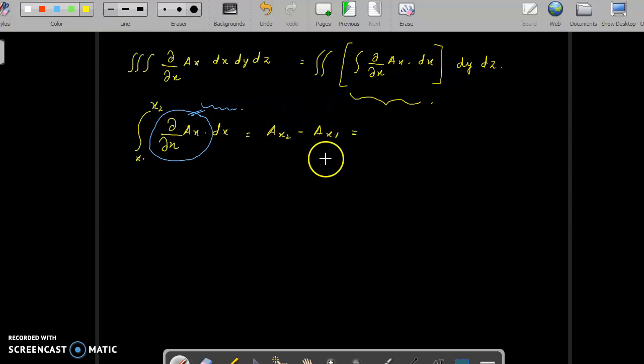So literally we can simplify this as Ax, because it is the component which is acting along the x direction. So this is a simplified version, and if you put it together, we can write the double integral of this term as Ax dy dz.